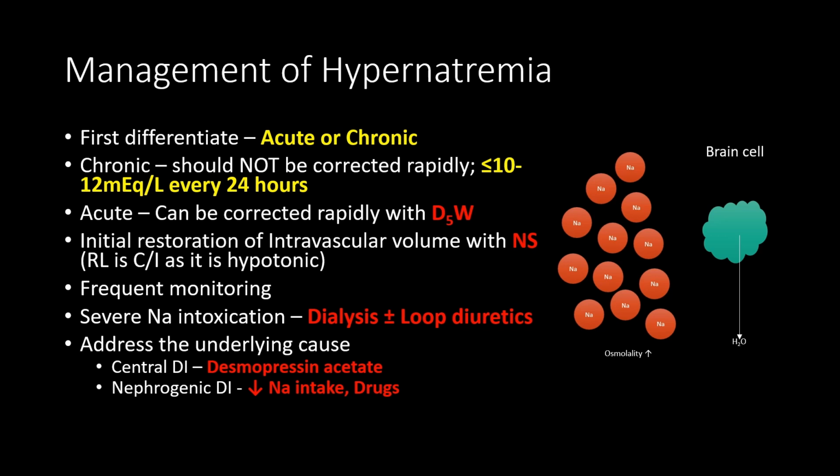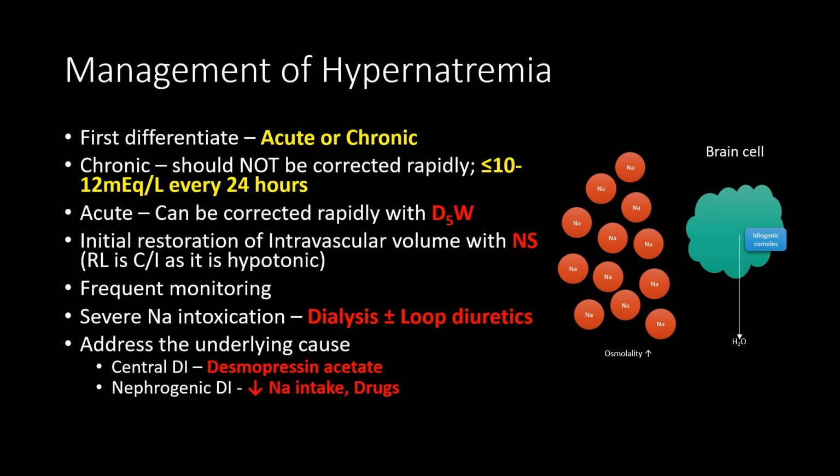So how can the brain cell do that? The brain cell will produce idiogenic osmoles. The production of idiogenic osmoles inside the cell will give rise to slightly increased osmolality inside the cell, which will lead to relative normalization of the brain cell size.